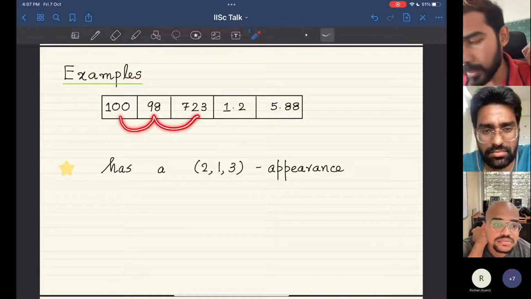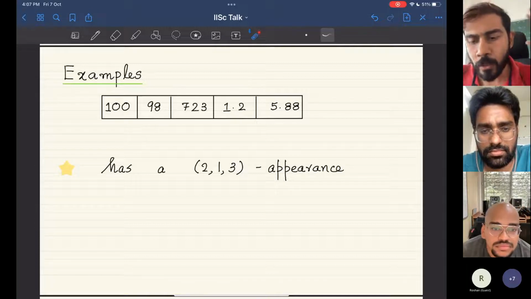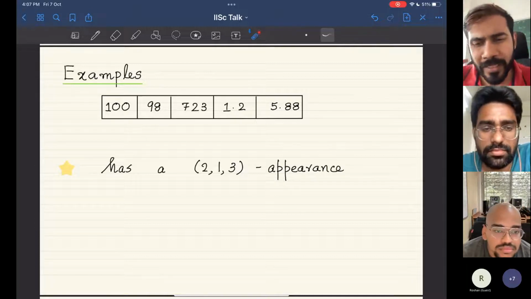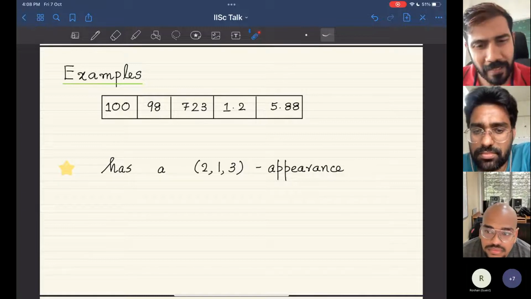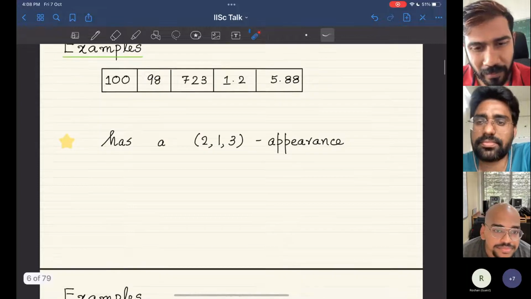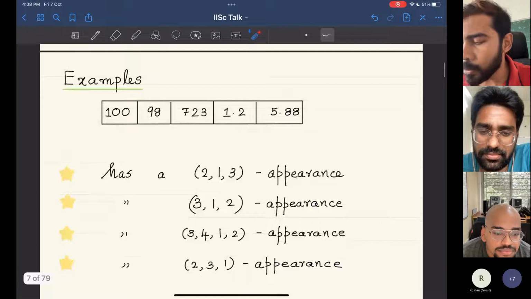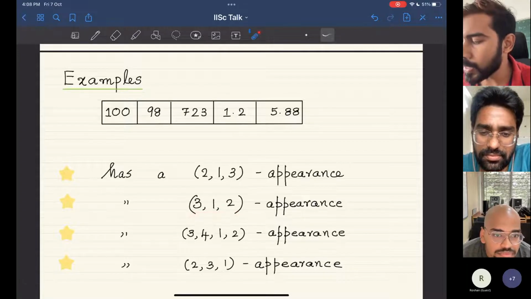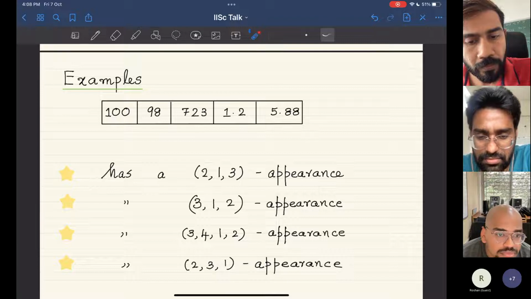Yes, this will be a 213 appearance, right? These examples are just to get into your head, because it's a bit of a strange notion when you first see it. That's why we have some examples. A bunch more examples. You can see that there are 312 appearances, 3412 appearances, but there is no 4321 appearance, for example.